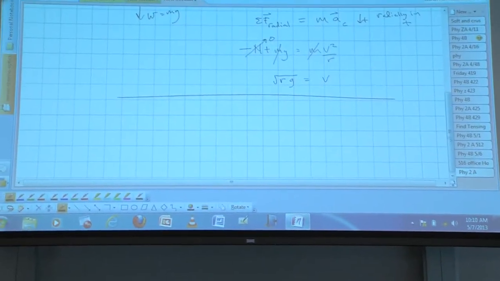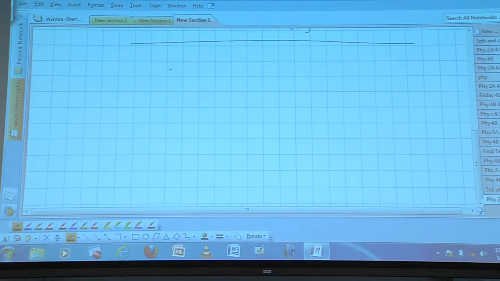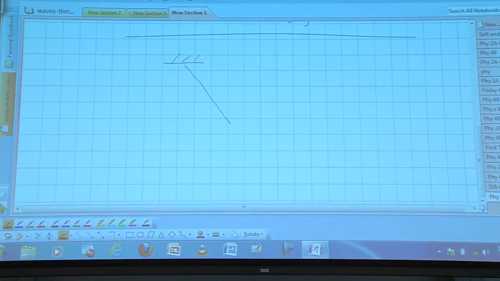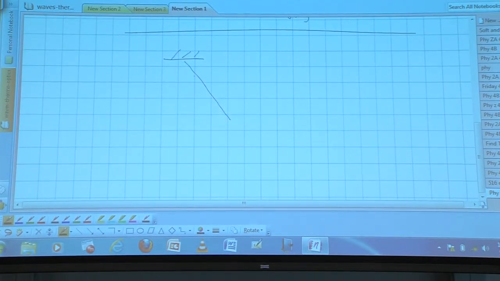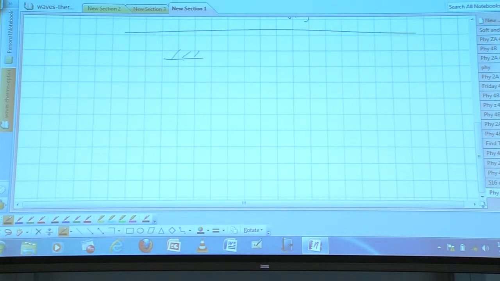It's moving around in a horizontal circle. So we draw a free body diagram right here.